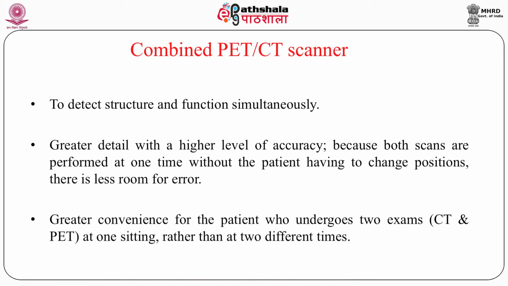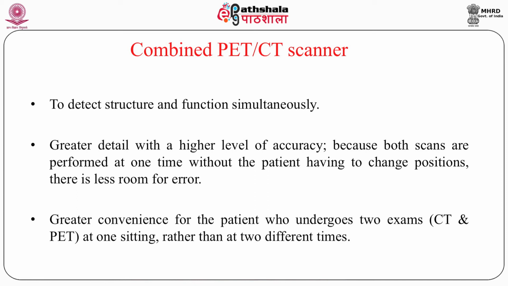Earlier, this was the only approach used. The patient had to go for CT, where an anatomical image is created, then the patient was asked to go for PET, where a functional image is created, and in the software, through the handshaking of two different software packages, you superimpose these two images to get one good quality image.